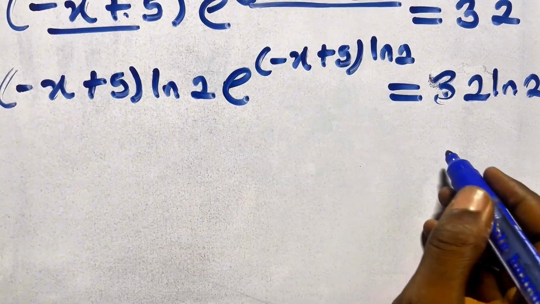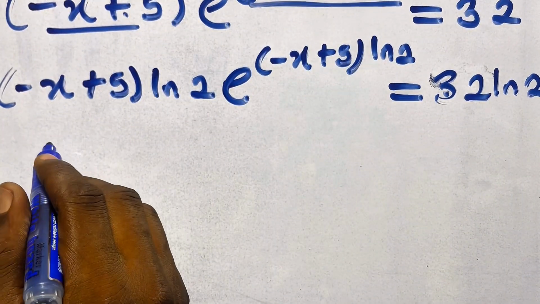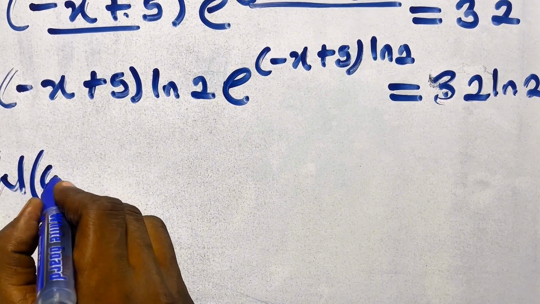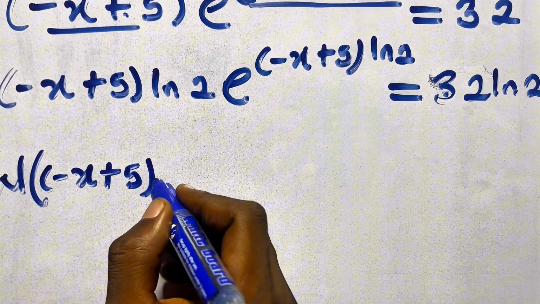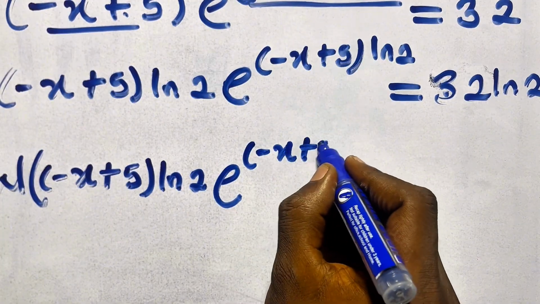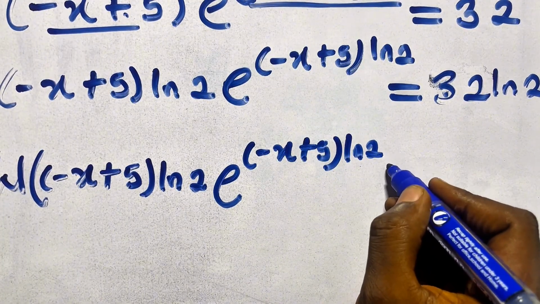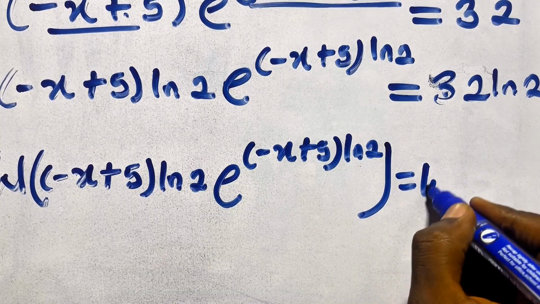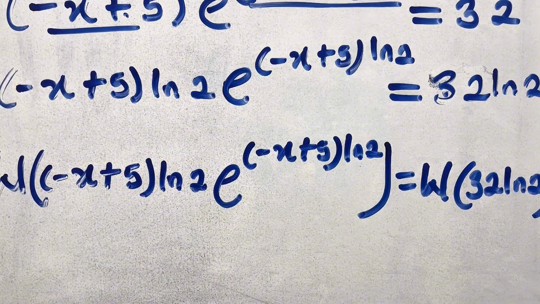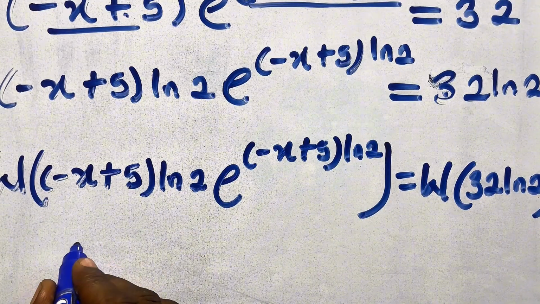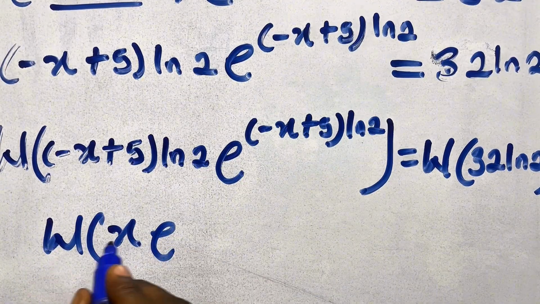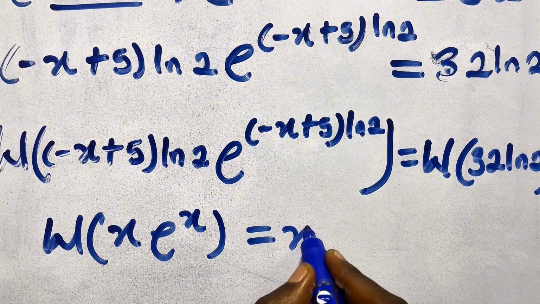Now we can introduce the Lambert function, since we have the base and the power the same. We have the Lambert function of minus x plus 5 ln 2, then exponential of minus x plus 5 ln 2, equals the Lambert function of 32 ln 2. Like I told you earlier, if you have the Lambert function of exponential x, we will have the answer to be x.